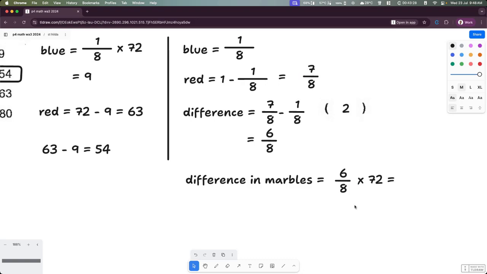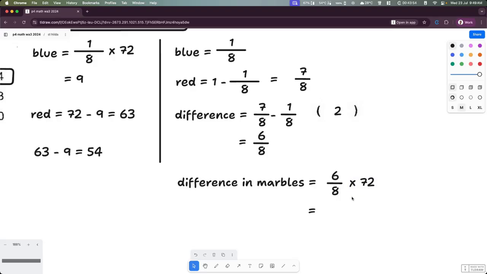To simplify this a lot, you can put this in the equation, which is the same as 6 times 72 divided by 8. You don't have to do all of that. So 8 and 72, we can cancel.